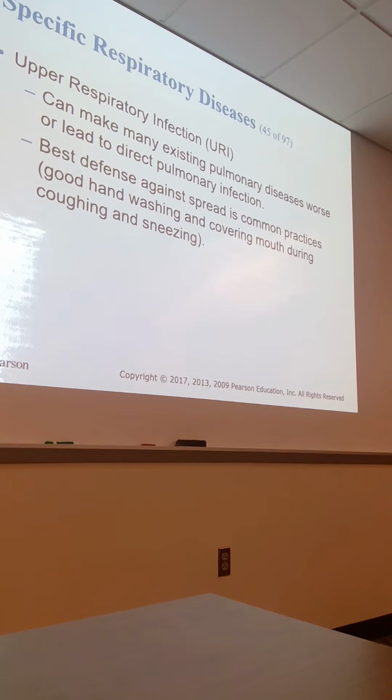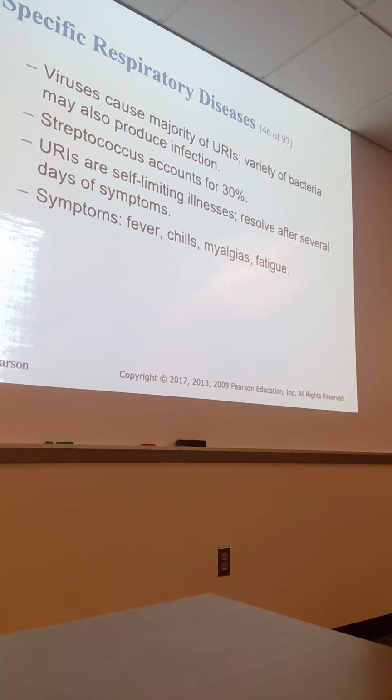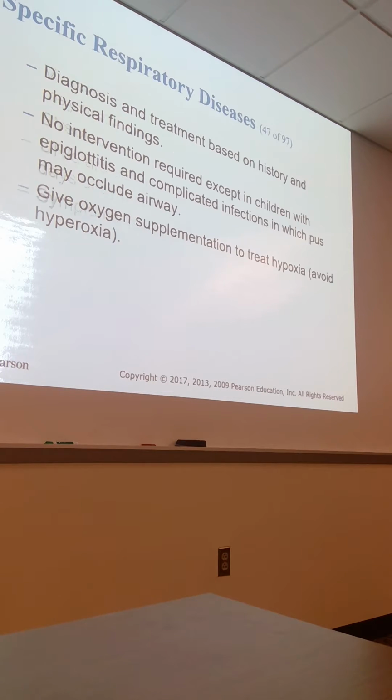Good hand washing, covering mouth during coughs and sneezes. Viruses cause the majority of URIs. Strep accounts for 30%. URIs are self-limiting, and you know the symptoms: fevers, chills, myalgias. Diagnosed by history and physical, no intervention.